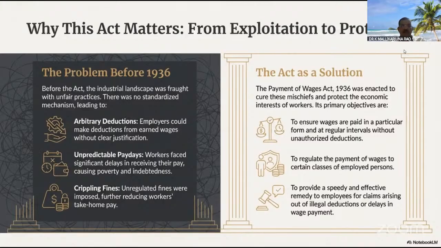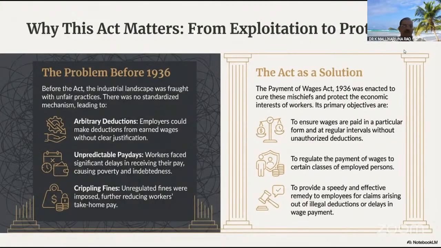Unpredictable paydays: workers faced significant delays in receiving their pay. Today an employee receives a salary every month, on the 31st or the first of January or February, in the first week of every month. But before this Act, there was no such time period.